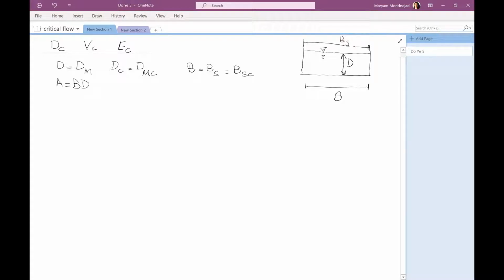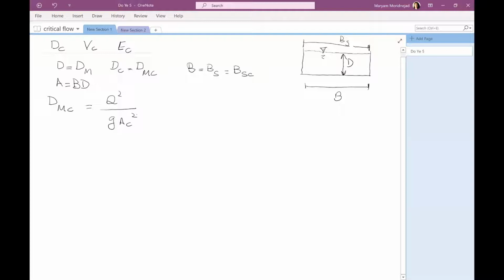Now let's see how we can calculate critical depth. If you remember from the previous video, we derived the equation DMC, or critical mean depth, equals Q squared over G AC squared.